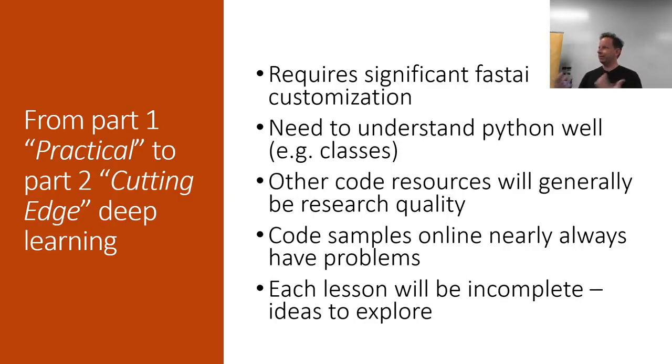And then I put that into the FastAI library in a way that you could do that pretty quickly and easily. So that's what Practical Deep Learning for Coders was designed to do.